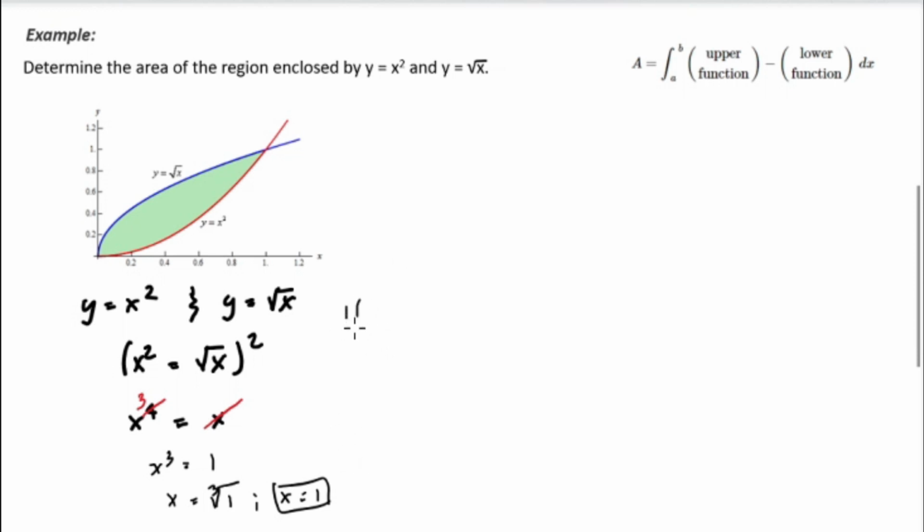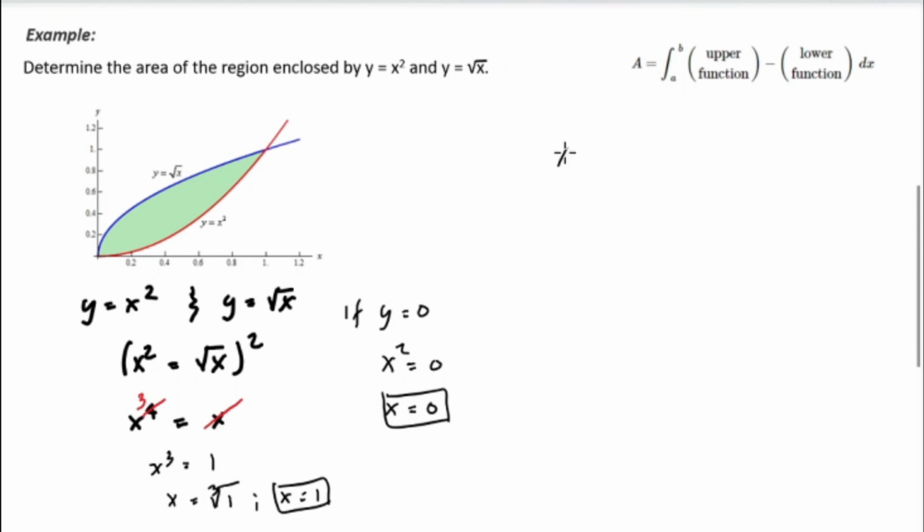If y is equal to 0, then x squared is equal to 0, or x is equal to 0. So we now have the limit x equal to 0, and the other one is x equal to 1. The upper function is the curve y equals square root of x.